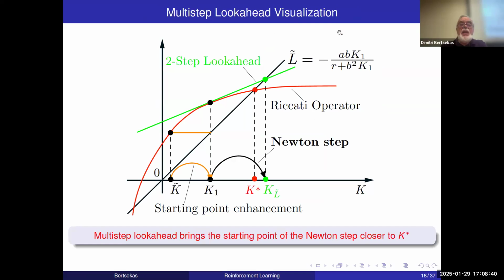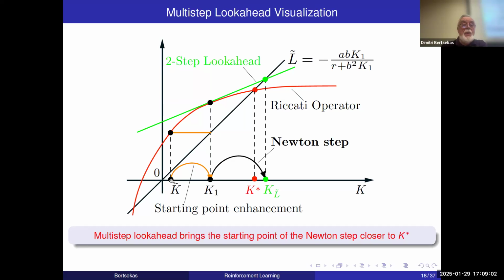So let me give you another view of this. Here we are with the Riccati operator, the graph, the Riccati operator, and we consider K tilde, a cost function approximation, and let's look at the two-step look-ahead policy.